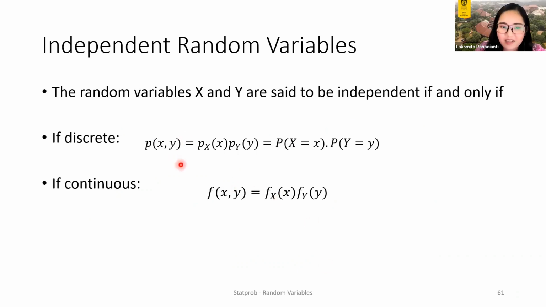If discrete, and the product of the individual probabilities equals the joint PMF, then yes, they're independent. And if they're continuous, then we use the PDF. So you use either the PMF for discrete or PDF for continuous. And if they fulfill this property, then you can say that they are independent. If they do not, then they are not independent.